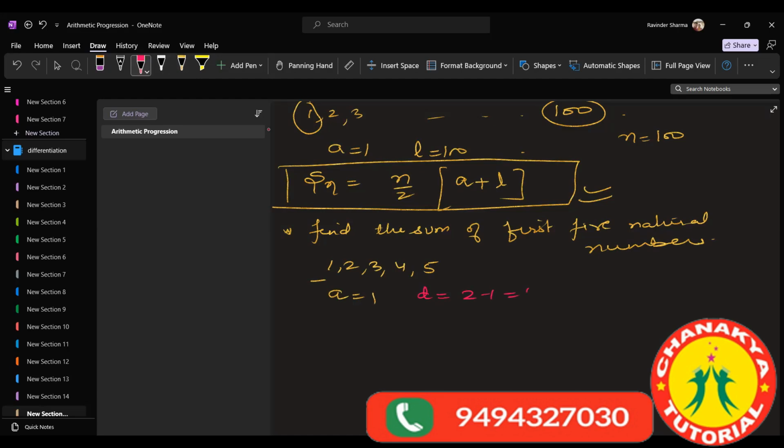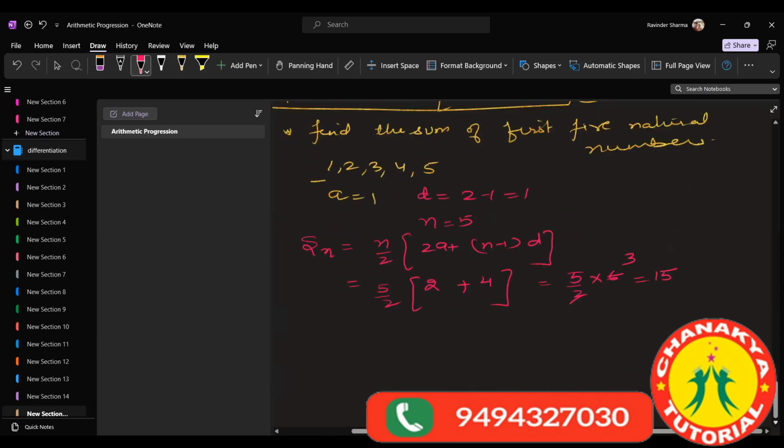How many terms are there? 5. So you can apply the formula Sn, n by 2, 2a plus n minus 1 into d. So n is 5 by 2, 2a means 2 plus 5 minus 1, 4 into 1d. So it will be 5 by 2 into 6. 2 3s are 6, then 5 3s are 15. Right, beta?